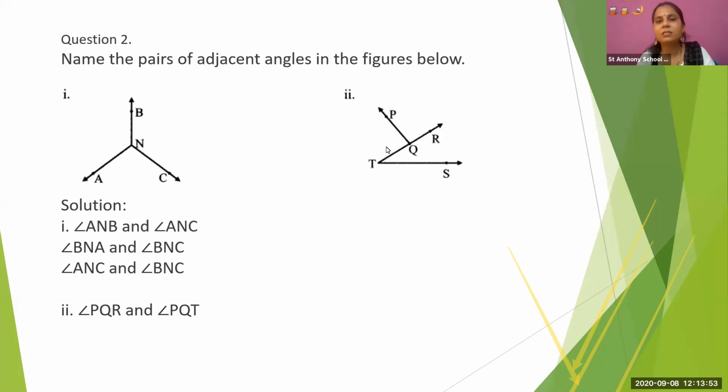Now in this case, only one pair of adjacent angles is there. Angle PQT and angle PQR. PQ is common between these two angles, so angle PQT and angle PQR are the adjacent angles.